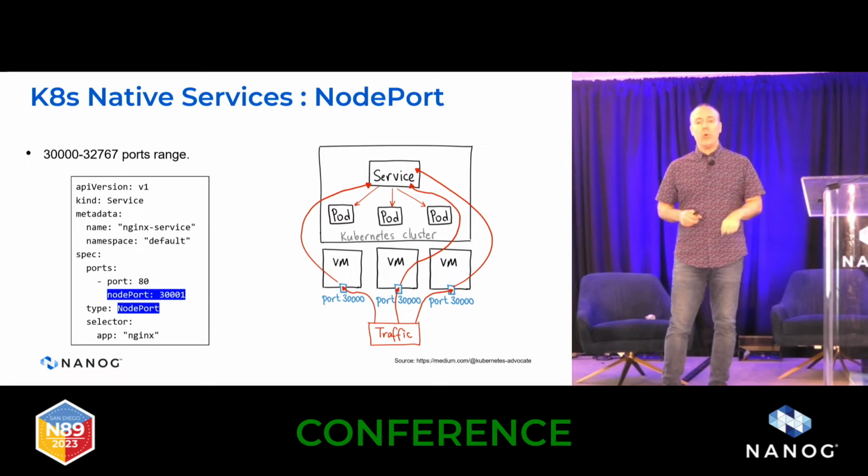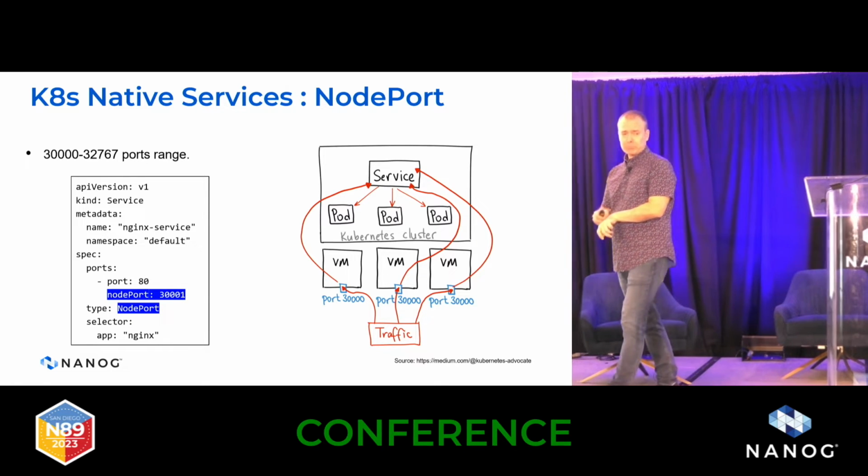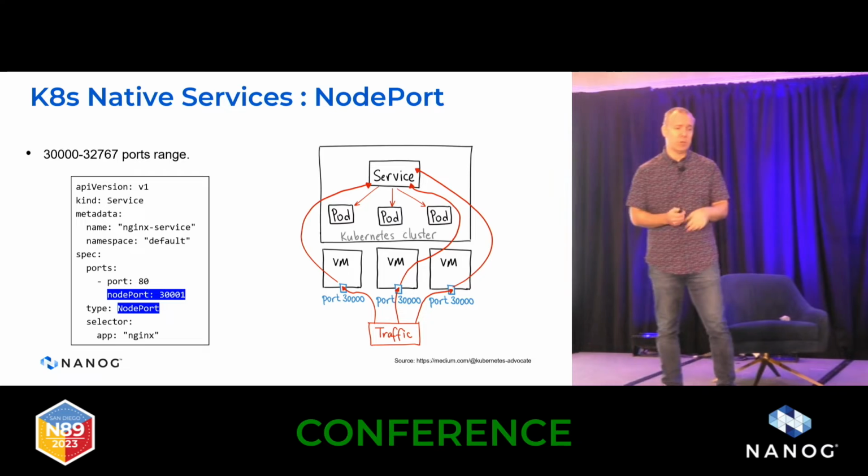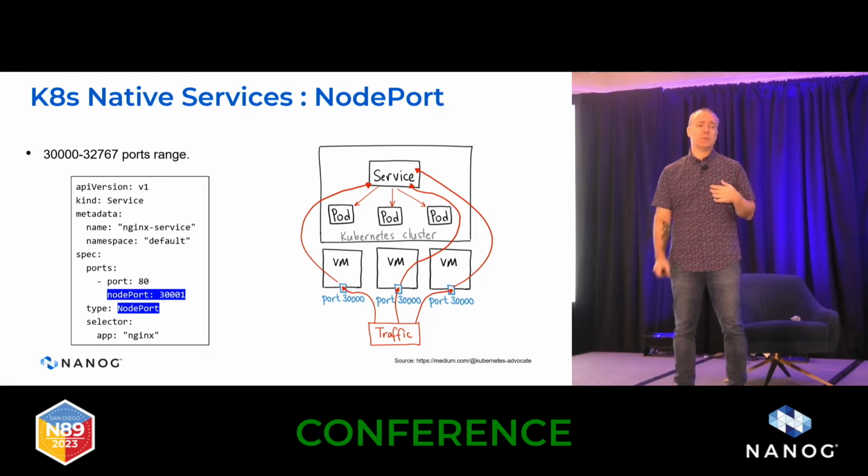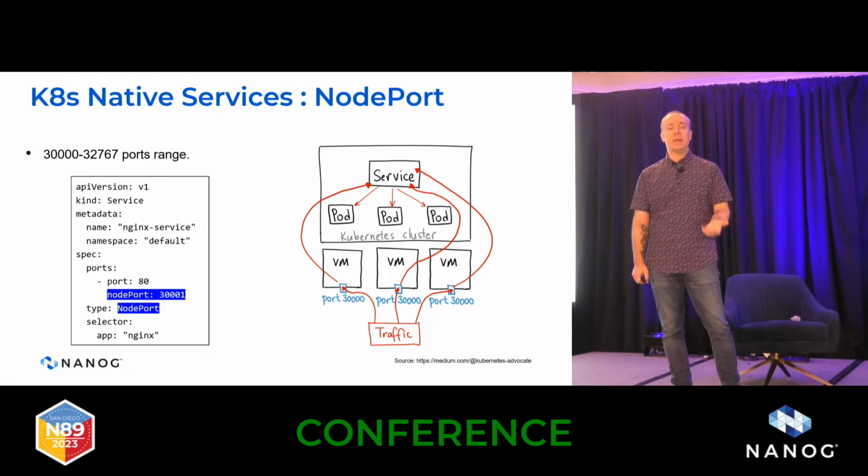Then you have the node port. This is also a service that is used to expose any service inside the cluster. The way it works is, let's say you have a web server, and you need to expose that web server, and you have many instances of it. It could be a stateless application working, again, with a database.